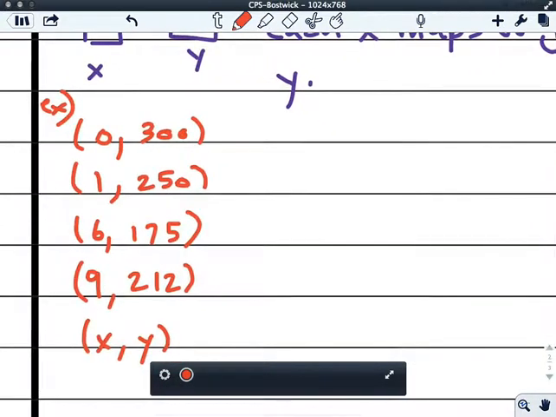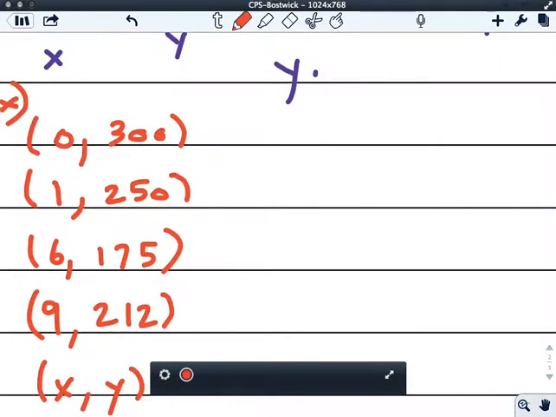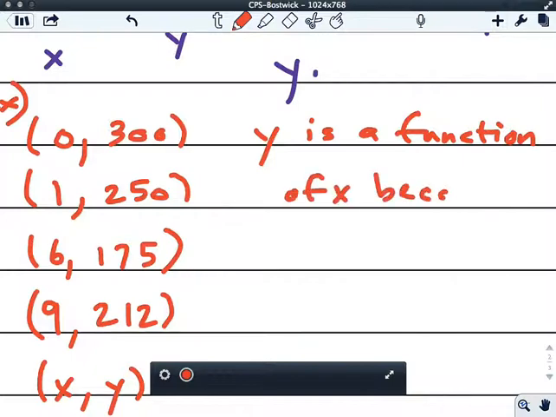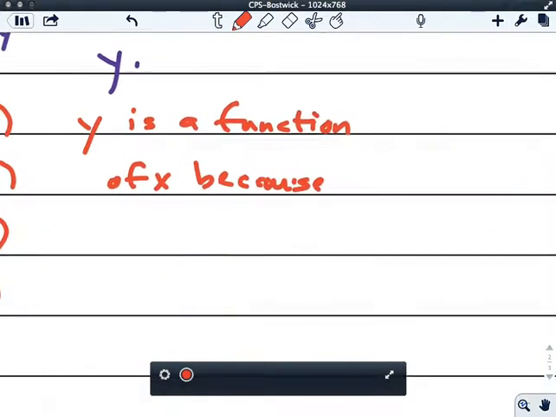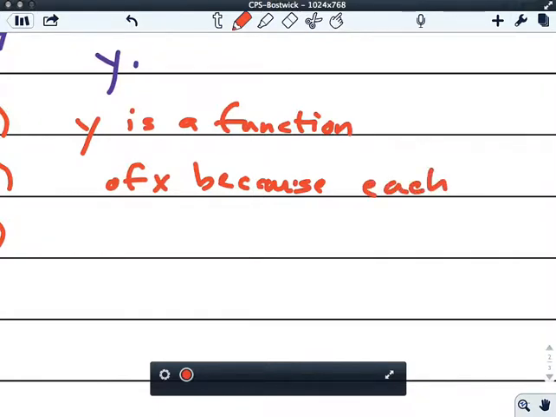When I'm considering these variables or this set of points, y is a function of x because each x has just one y assigned to it.